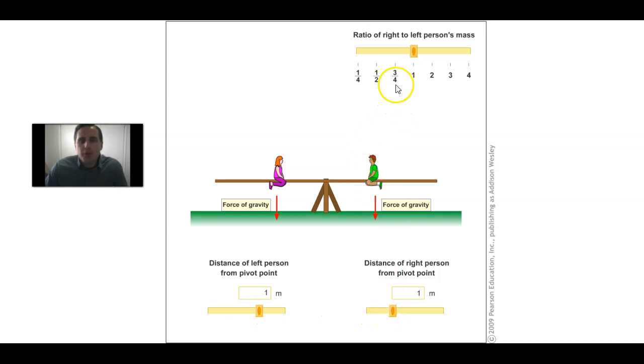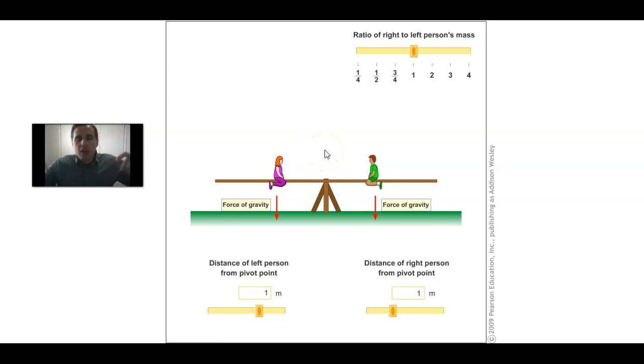Let's suppose the ratio of the rightward person's mass to the leftward person's mass is exactly 1. So they have the same weight, the same mass, and they're the same distance from the fulcrum. And the fulcrum is just the axis of rotation here.